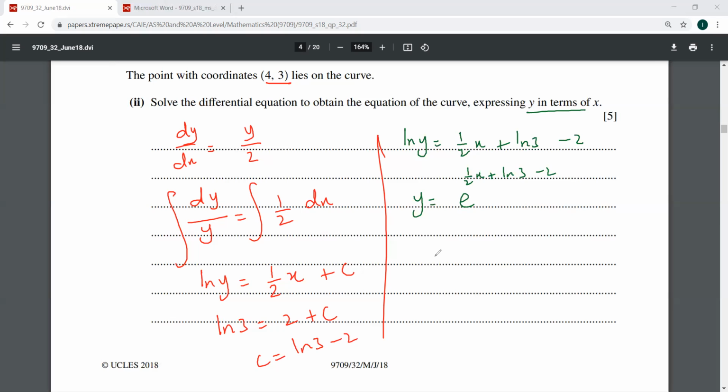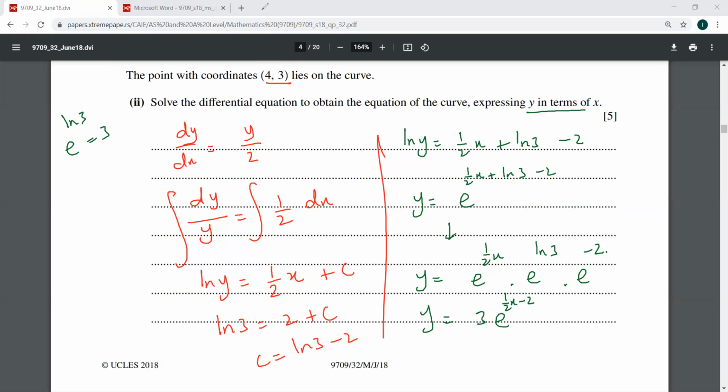If you have extra time, you can write it as e raised to power half x times e raised to power ln 3 times e raised to power minus 2. I know that e raised to power ln 3 is 3. So maybe we can write it as 3 e raised to power half x minus 2.